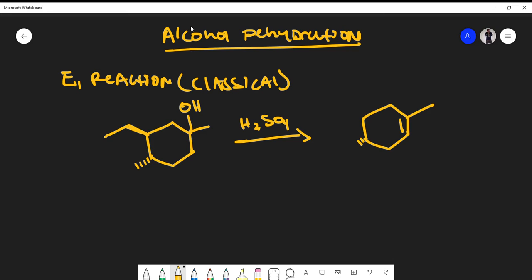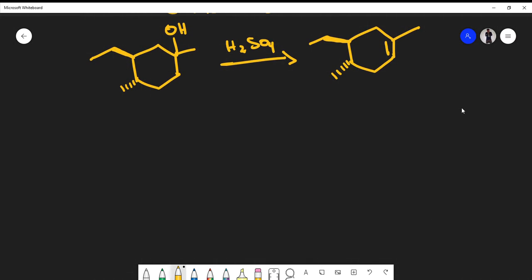This is the product that we would actually attain. Now, how does this happen? Anytime you see an alcohol and acid, what we really get is an alkene. Now, let's go through the reaction mechanism of this.